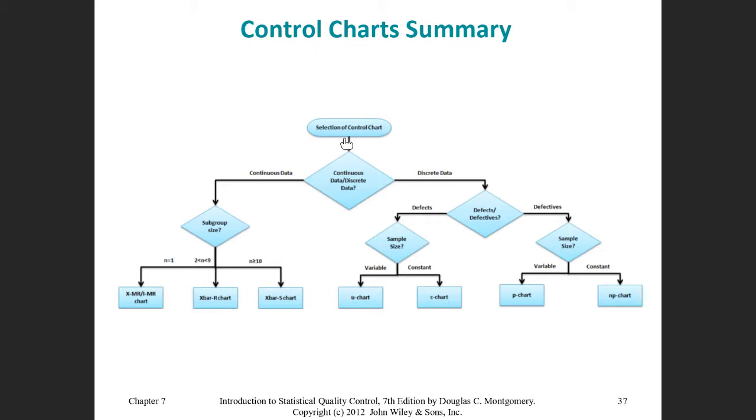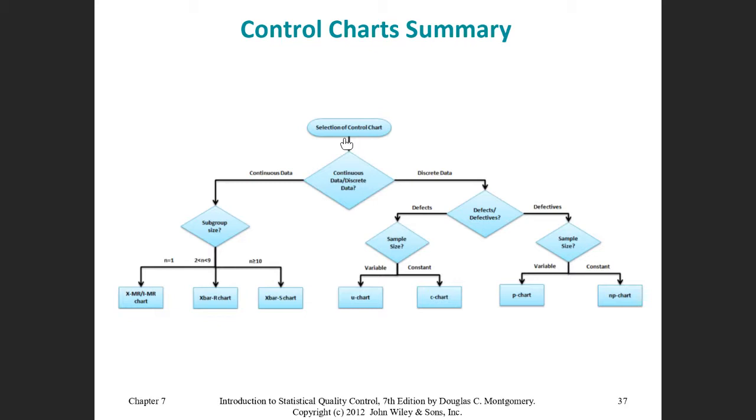The variable or continuous data, as we talked earlier, is data meant for measuring, like dimensions, heights, weights, kilograms, and so on. The attribute data is the number of counts, the proportion.